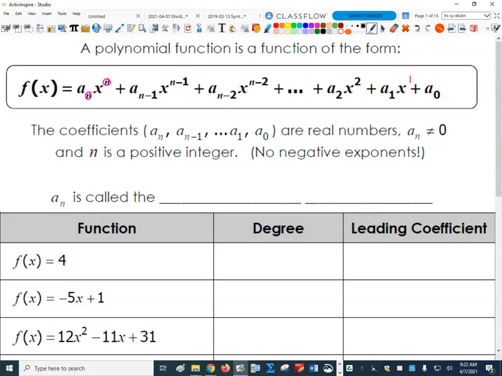So a sub n is kind of special because it is the coefficient that goes with the biggest power of x. If we write this in standard form, we call this first term, the one that has the biggest power of x, the leading term.